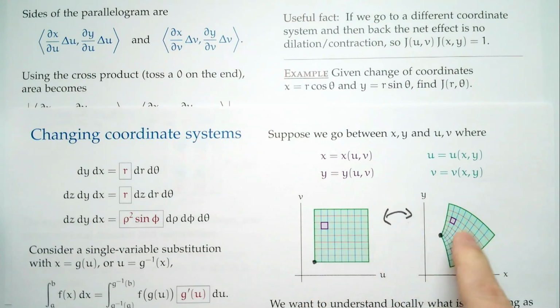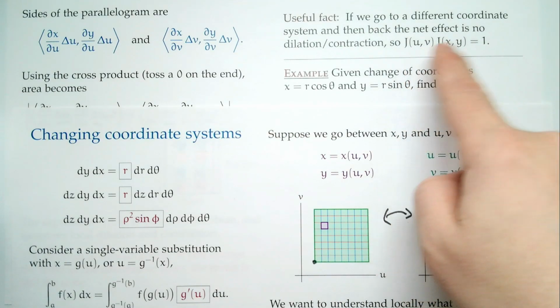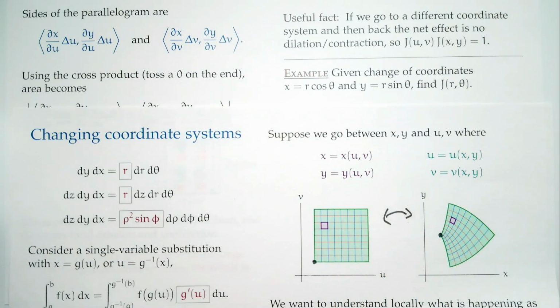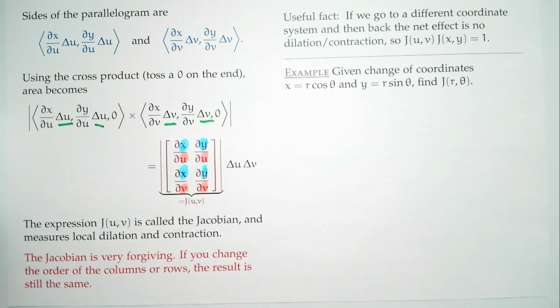So you can think of it as there's been zero change, which means the amount of expansion and contraction, if you think of it as a multiplicative factor, we would scale by 1. Well, what that translates into is it says, if I'm looking at the two Jacobians, which measure my expansion and contraction in the different directions, when I multiply them together, I get 1 out. So it's sometimes a faster way to compute things. And that can save a little bit of work.